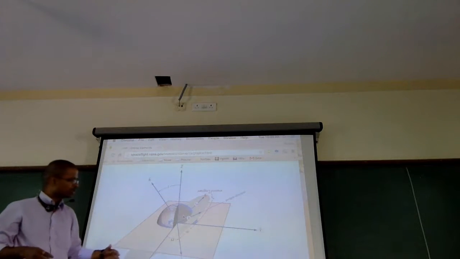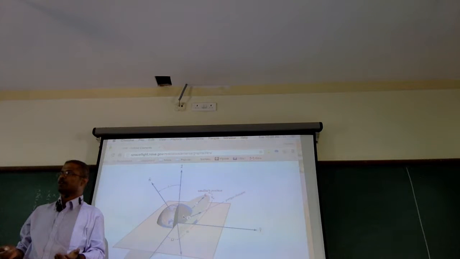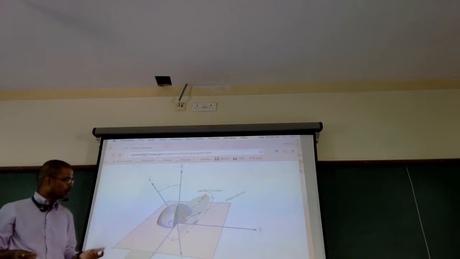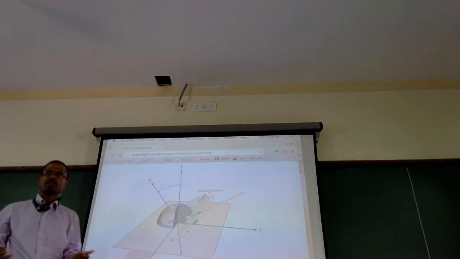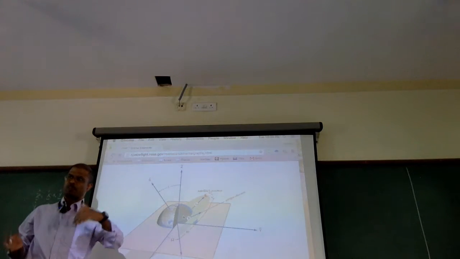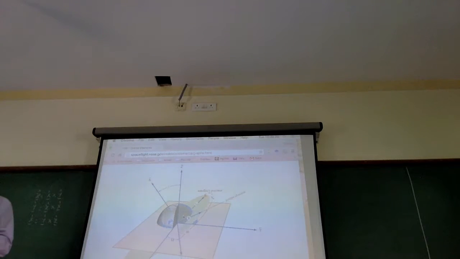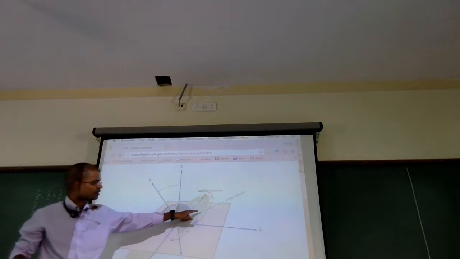Okay? The first 2 orbital elements are fairly simple. One is a. A is what? The semi-major axis. The semi-major axis defines the size of an orbit. You see that? You may have 2 orbits.